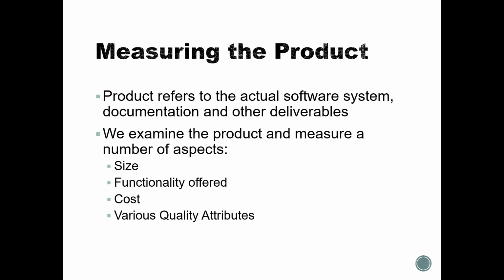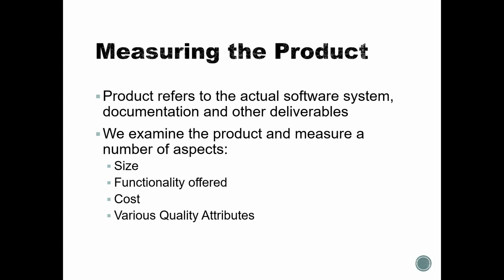And these aspects are: we can measure this product based on size. And the size can be in multiple dimensions. For example, the size can be how many lines of code there are in the whole software, because ultimately lines of code is going to tell you the complexity of the whole software.